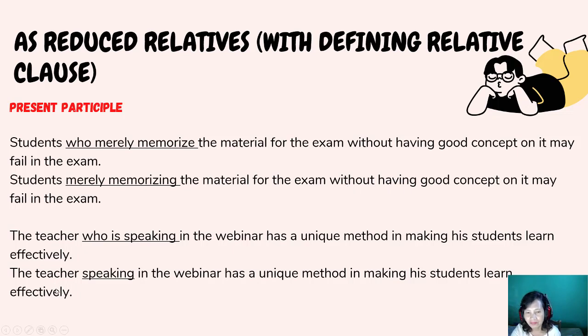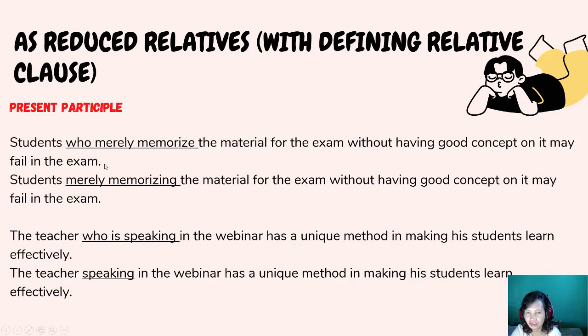Let's see the other. The teacher who is speaking in the webinar has a unique method in making his students learn effectively. So again, you just omit the relative pronoun, who. You just omit who and also the to be, and then you have this.